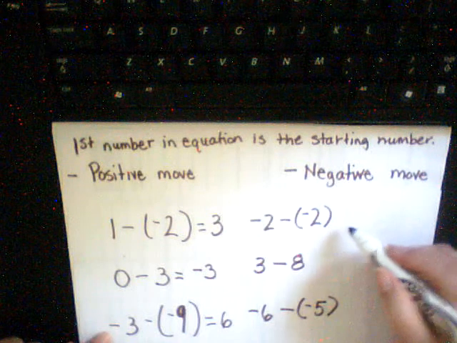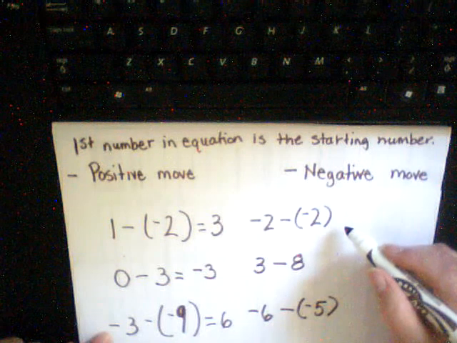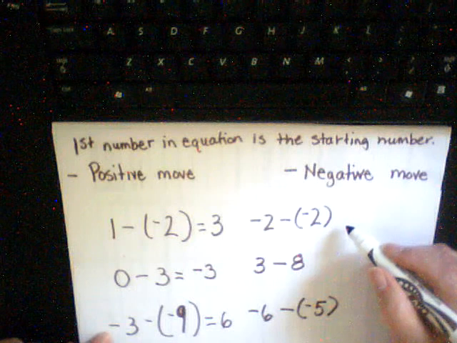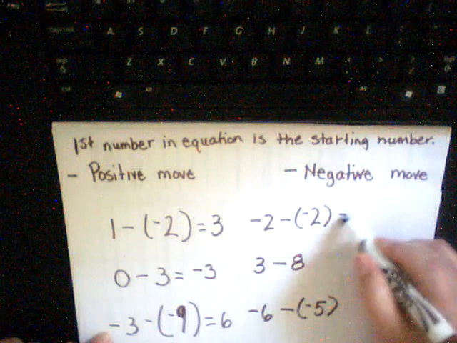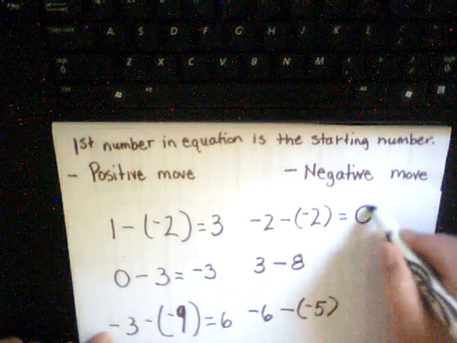Then over here you have a negative 2 minus a negative 2, which would be the same as negative 2 plus 2, and that would equal 0.